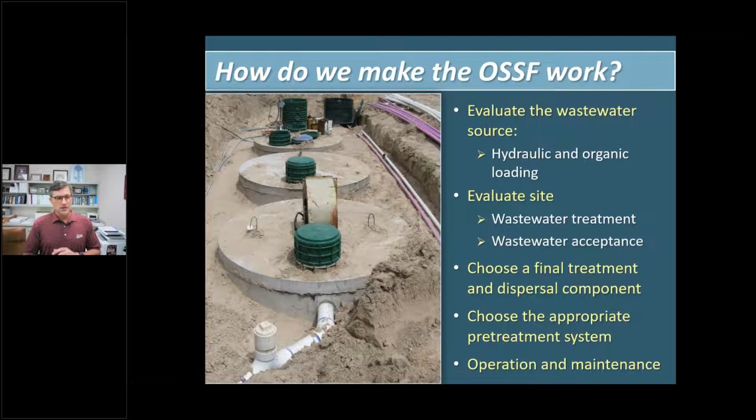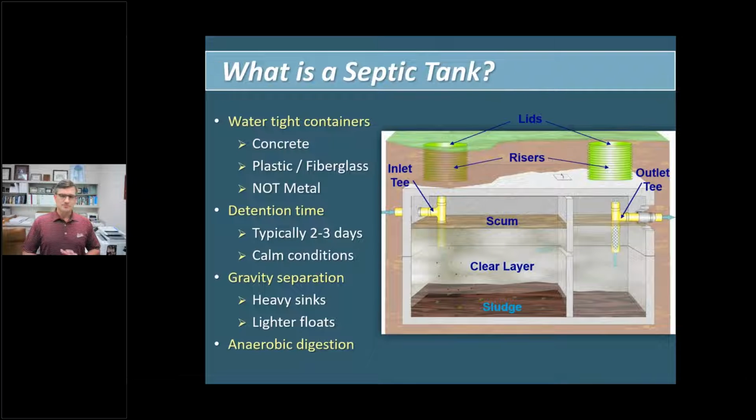Again, I think any of them can work if it's appropriate with your soil type. Choosing final treatment and disposal, we just talked about that. There may or may not be a pre-treatment system. And again, I'm not going to weigh too heavily on operations and maintenance. All right, I know I touched on this in just a second.